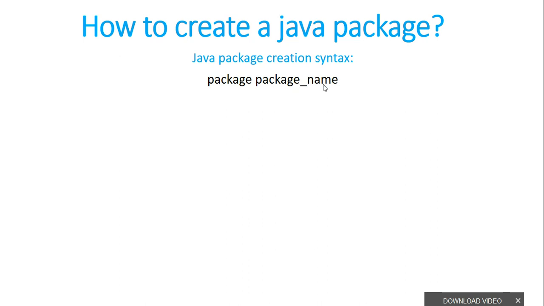If it doesn't exist, it might give you an error. Say you want to put this source file, which is just a file with the source code, or this block of code, into a package which doesn't exist.